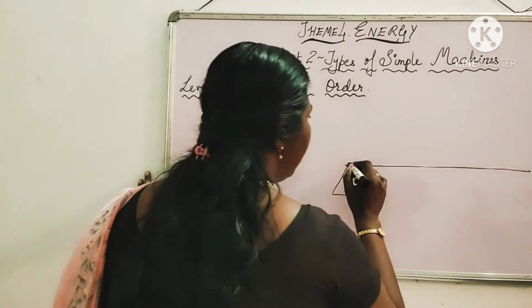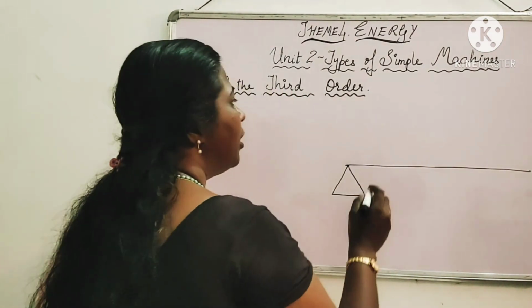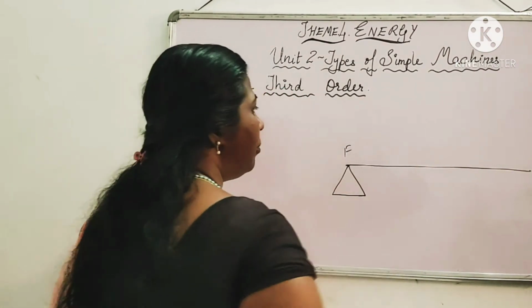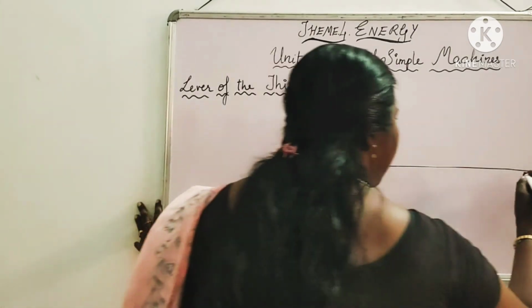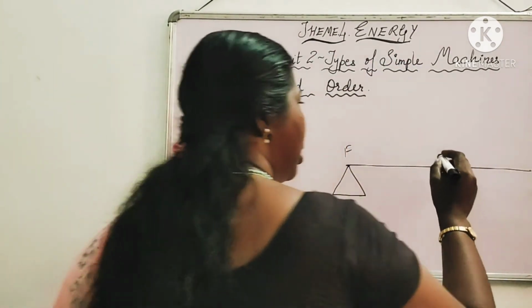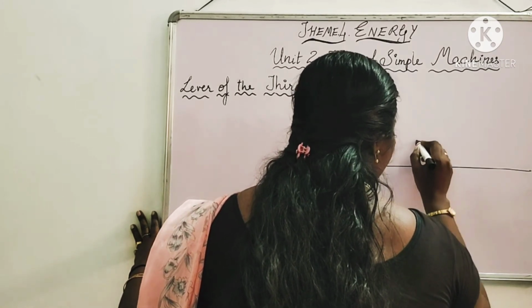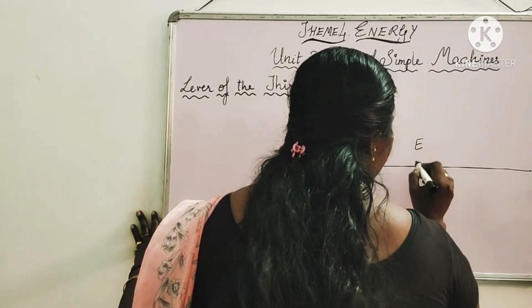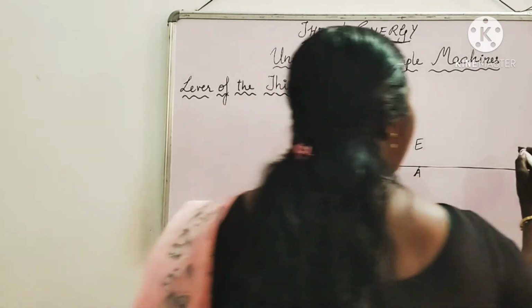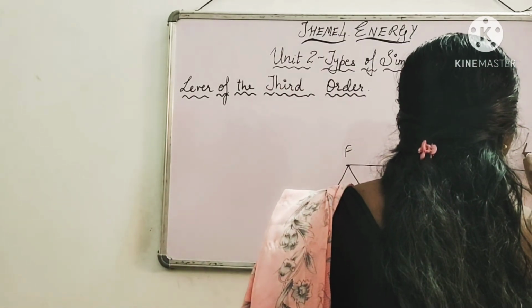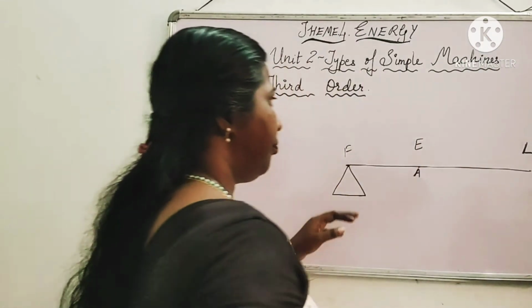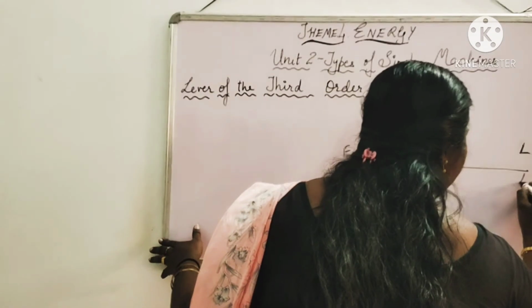Now in this case, F is the fulcrum, the effort will be here in the middle, and the load will be at the other end, and that will be B.